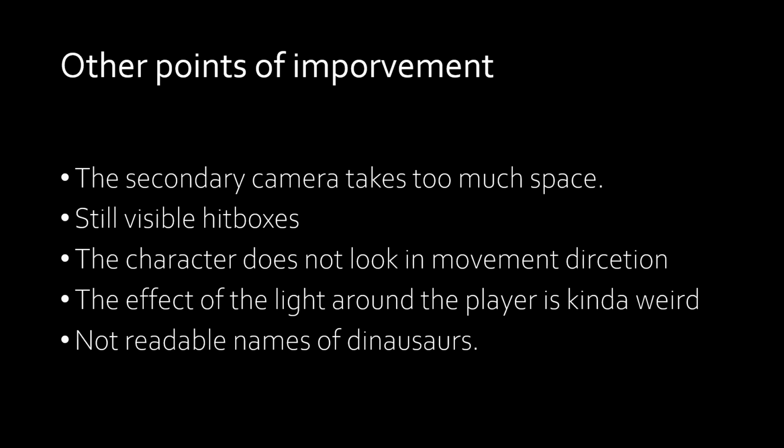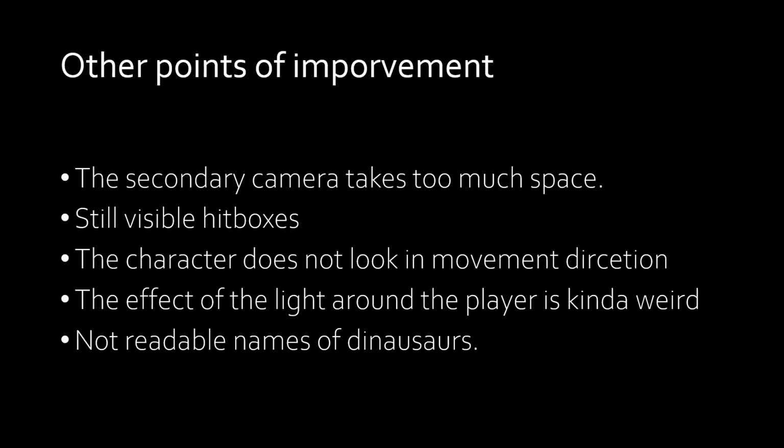Also, for the moment, the light is making a circle around the player, which is not really logical. A guard in a museum would more likely have a torchlight, so it would be better to give a torchlight effect to the light which comes from the player.